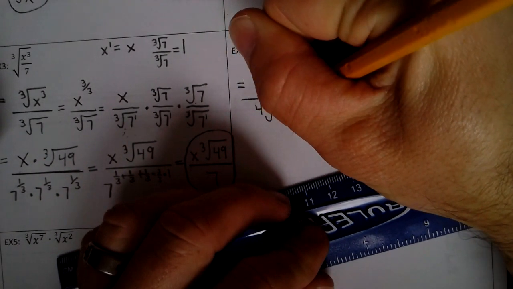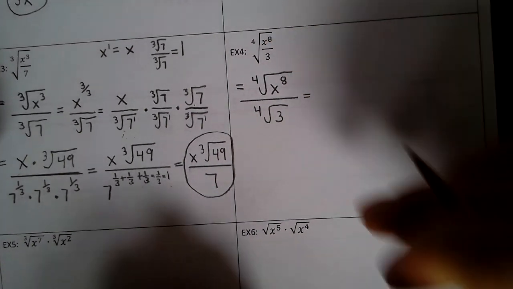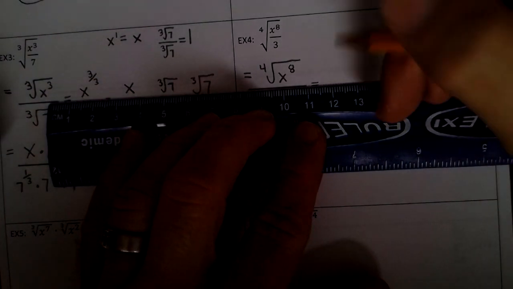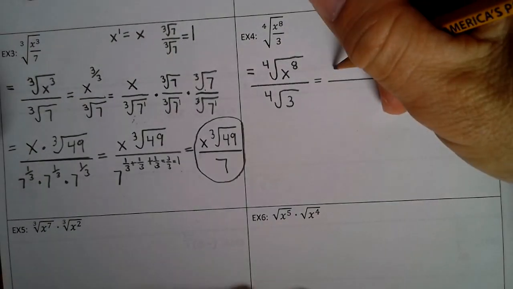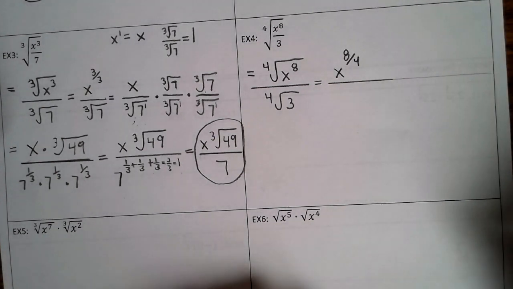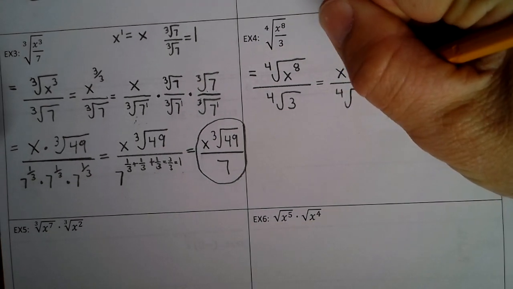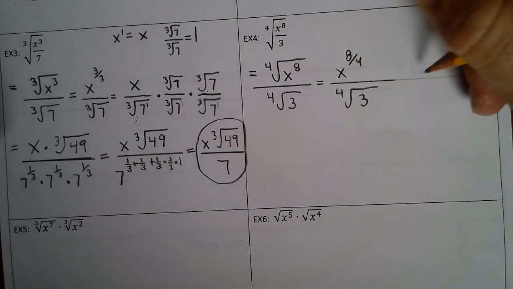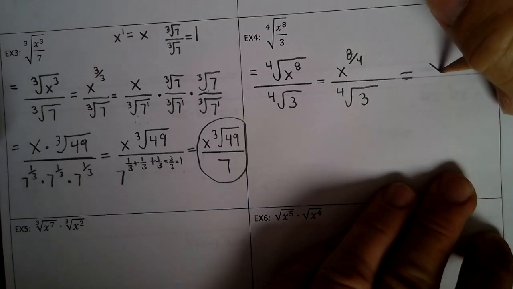So first off, this becomes x to the 8 divided by 4. And this still stays 4th root of 3, which equals x squared divided by the 4th root of 3.